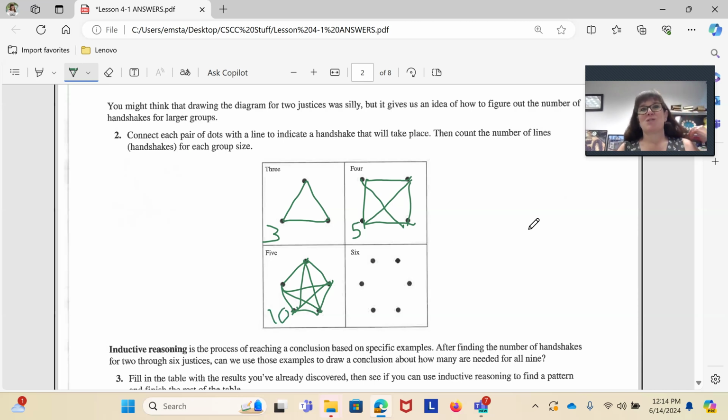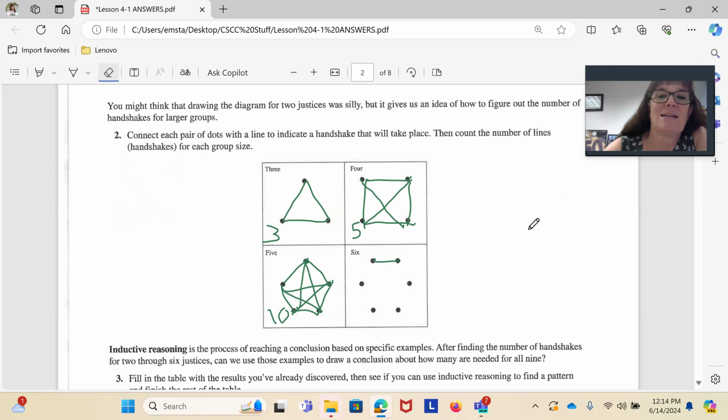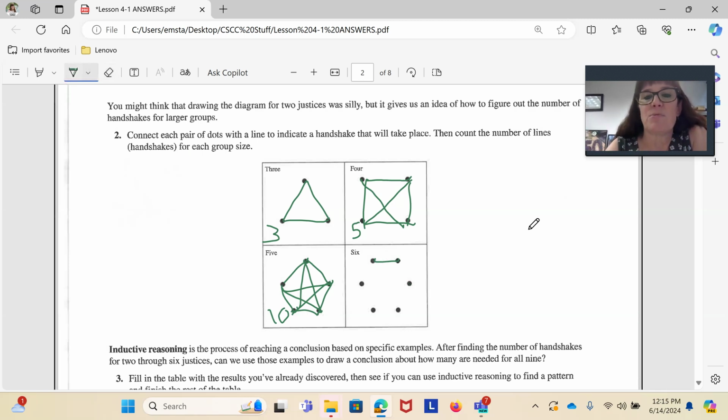All right, the last one we're going to do with a drawing is 6 people, which is good because my lines tend to not be very straight. Person 1 connects with person 2, person 3, person 4, person 5, and person 6. Person 2 only needs to connect with person 3, person 4, person 5, and person 6.